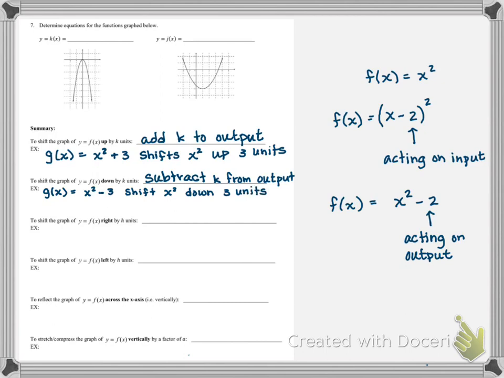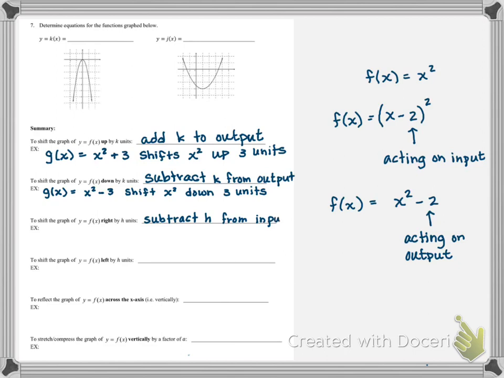Okay, now what if I want to go right? We subtract from the input, right? Left and right is the x value, and so we want to act on the input of the function. And any transformation that's horizontal always does the opposite direction of what the operation seems to indicate. So that's why we subtract h from the input.